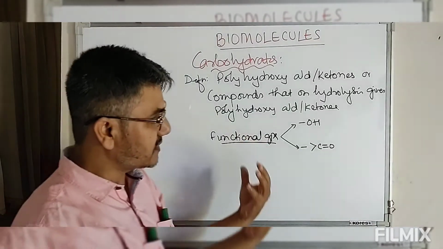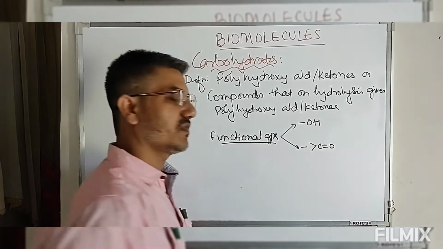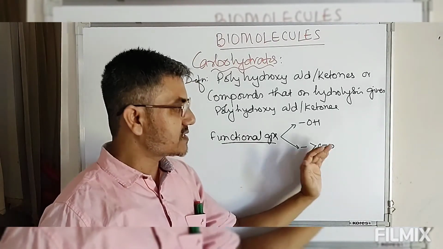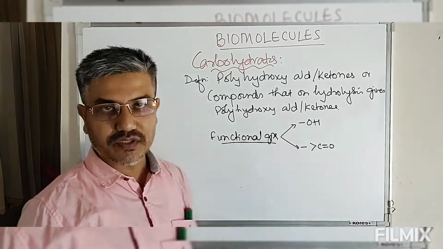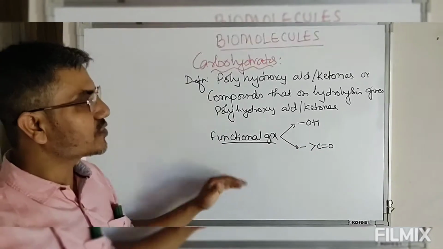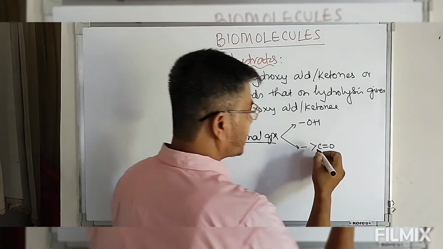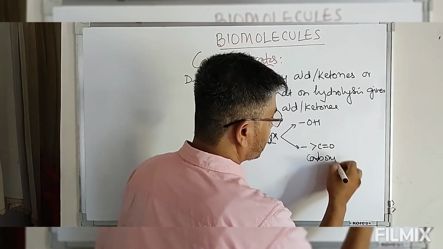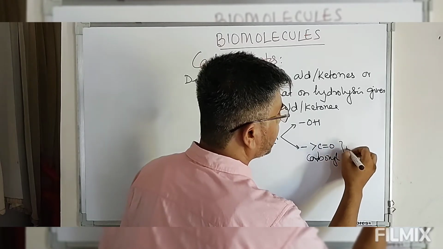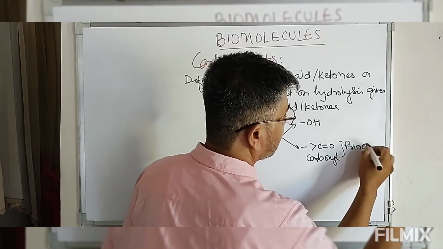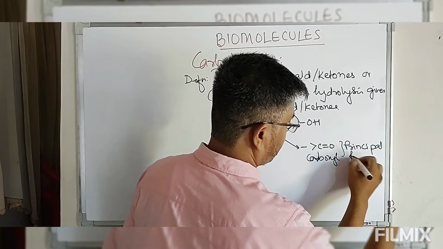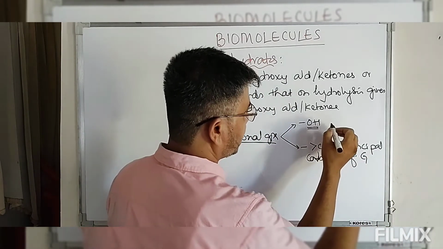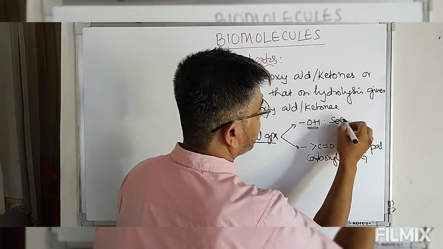Now if you look at the seniority order, the priority order of the groups, the priority is assigned to the aldehydic group or the ketonic group. So in this polyhydroxy aldehydes and ketones, this carbonyl group is the principal functional group, whereas this hydroxyl group is the secondary functional group.